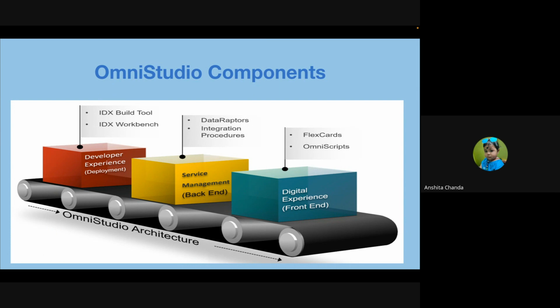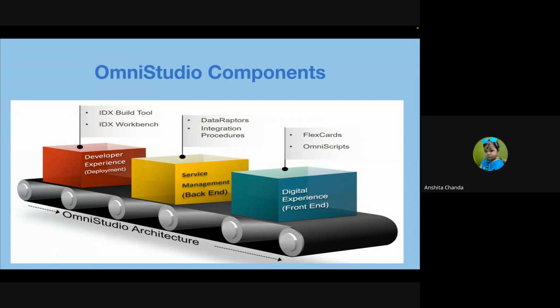If we talk about the front end, we have two things, OmniScript and FlexCards. OmniScript is not only for the front end, it has other things as well, which we will cover in further sessions. They are both the entry point to call those backend logics.